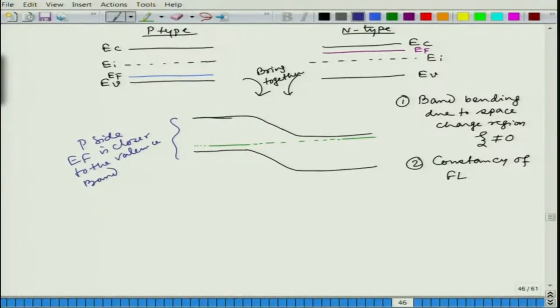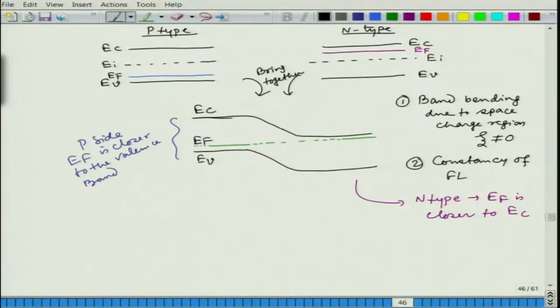And in n type you see the Fermi level is closer to the conduction band. So, here this is your EC, this is EF, and this is EV.